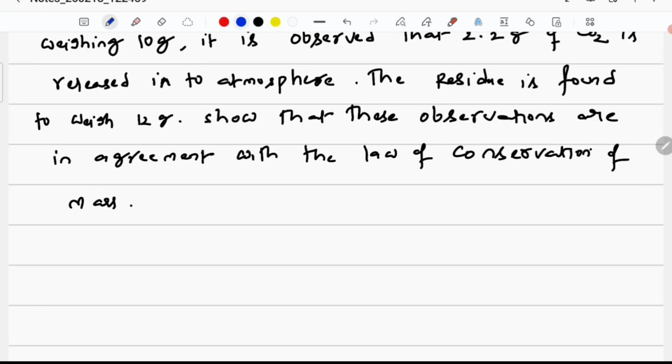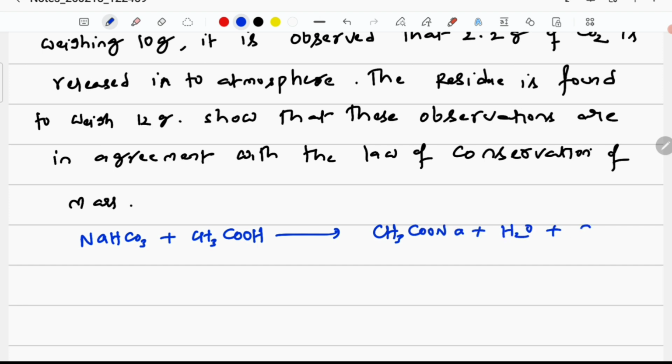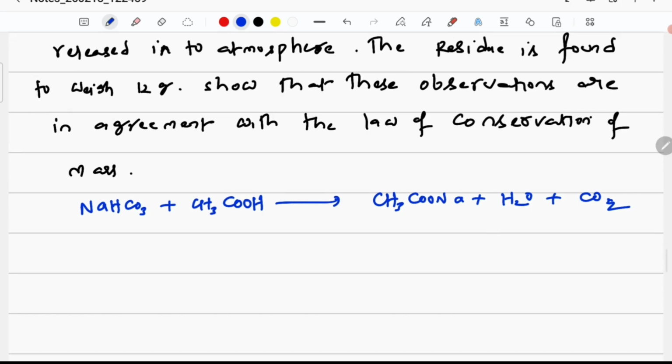Here they specified sodium bicarbonate on reaction with acetic acid, giving salt, sodium acetate, plus H2O plus CO2. It is the general reaction: bicarbonate plus acid gives salt plus H2O plus CO2.